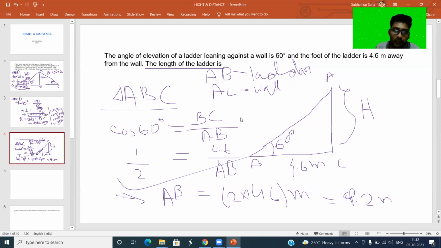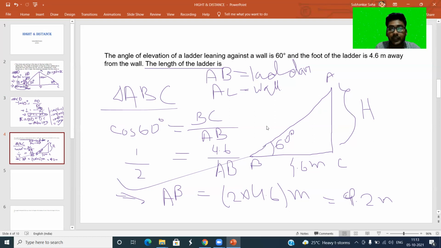In this ABC triangle, we take this 60 degree. It is height, and it is base, and it is hypotenuse. We need to take cos 60 degree because we need to find the length of the ladder, which is the hypotenuse of this triangle.